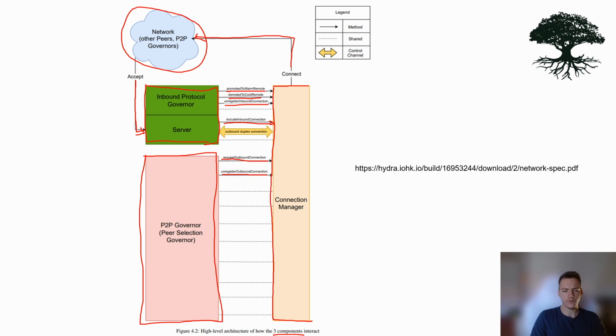I think these methods will make sense a bit later, but for now it's enough to understand that the peer-to-peer governor is in general in charge of the high-level stuff for outbound connections, and the inbound protocol governor and server are in charge of the high-level stuff for the inbound connections. Both of these components pass requests to the connection manager, which takes care of the low-level stuff of the actual connections.